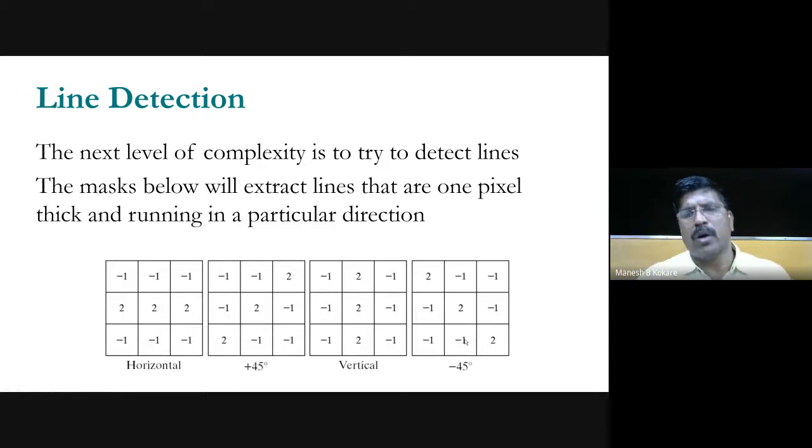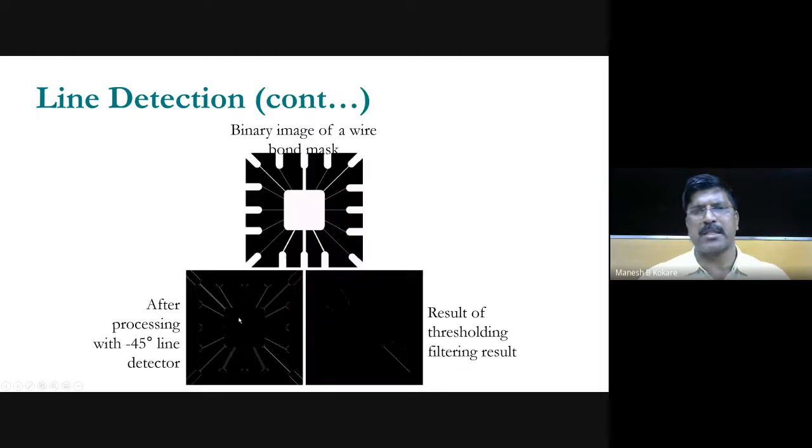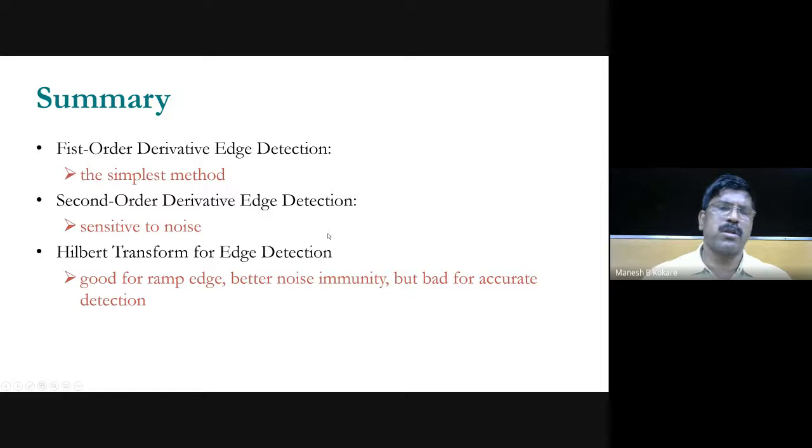So you just have to use different masks for detecting different orientations of lines. So you have detected the points and the different lines. This is the output for minus 45 degree, and after thresholding, you get the result. These lines can be detected, and they can be used as features in mid-level computer vision.